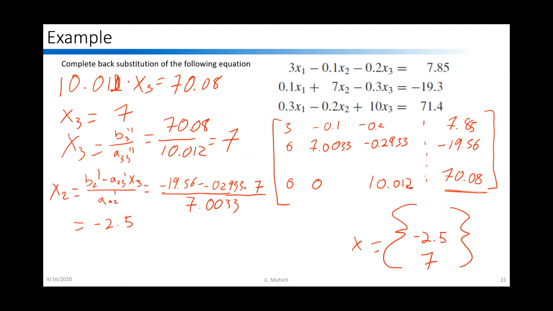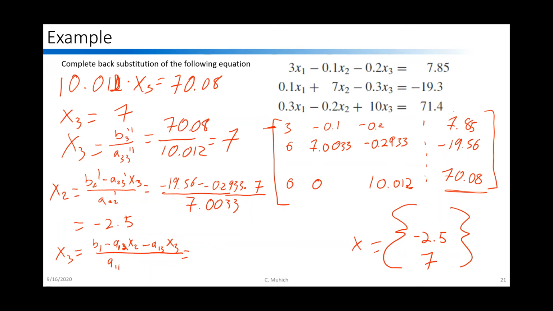We're ready to do x1, right? For x1, we can either write out the whole equation based on that top row, or we can use the equation. So that's b1 minus a12 x2 minus a13 x3, all over a11.